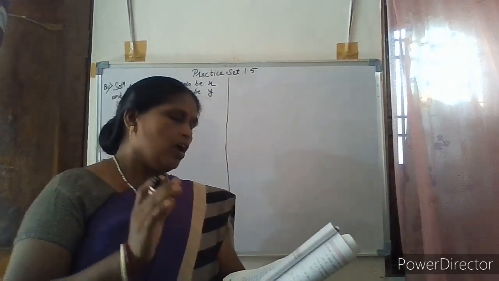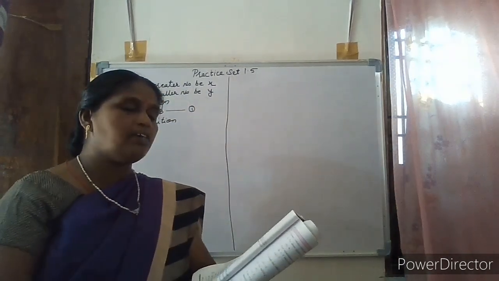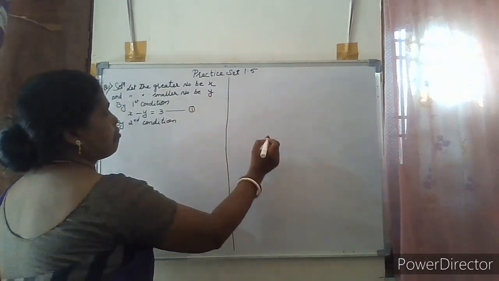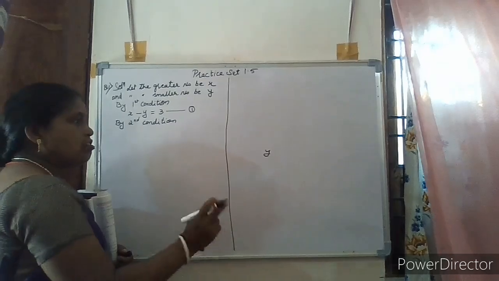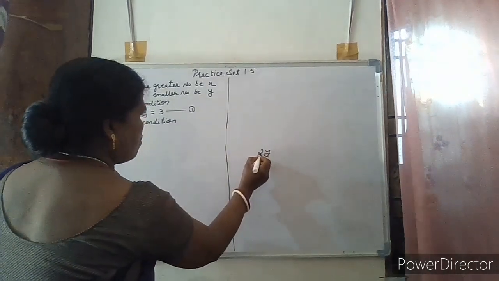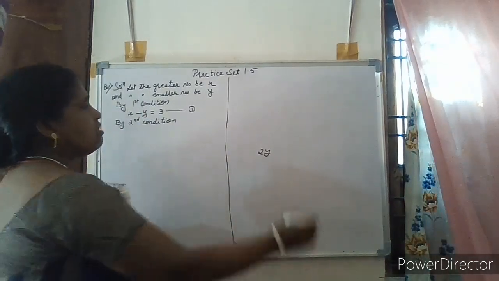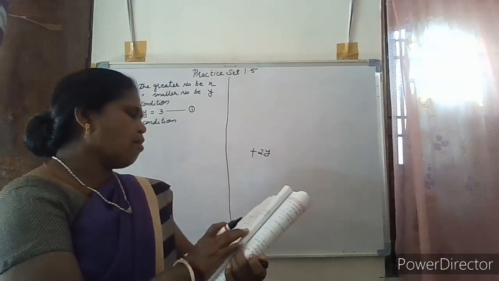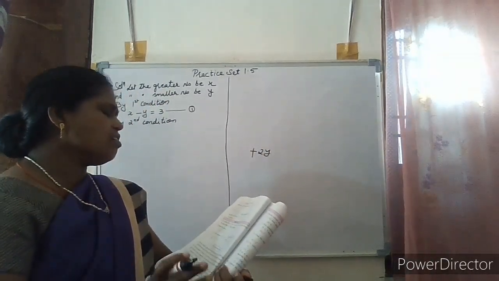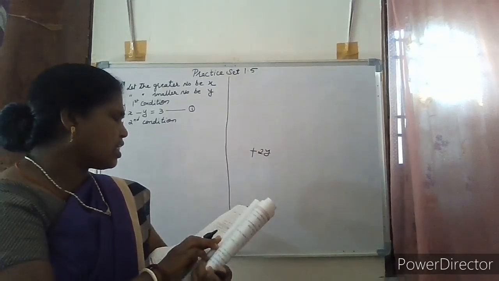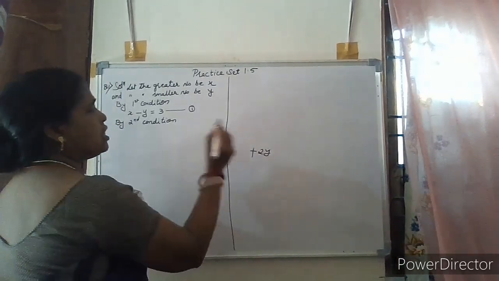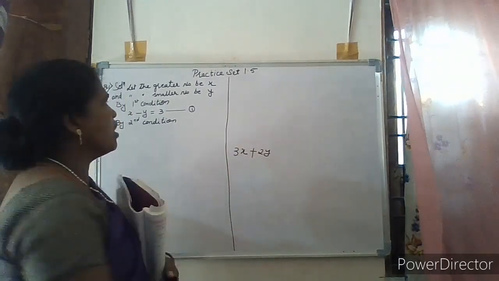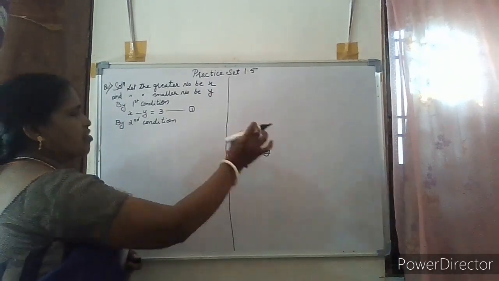Now by the second condition, what is given? The sum of twice the smaller number. We know that y is the smaller number here. Twice the smaller number means 2y. Sum means we are going to add. Sum of twice the smaller number and thrice the greater number. Greater number is x, thrice means 3x.